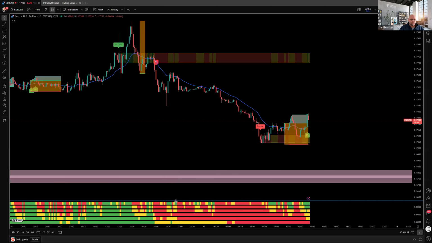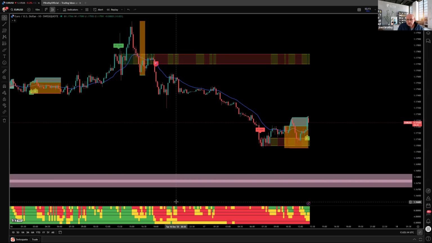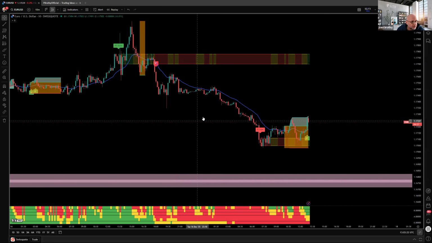And obviously the bias depth heat map is under there. So the idea of today is to aim for those people who've just got one screen, and to let you know that the 10-minute time frame, whether it's currencies or commodities, is probably the better way to look at that combination on just one time frame.